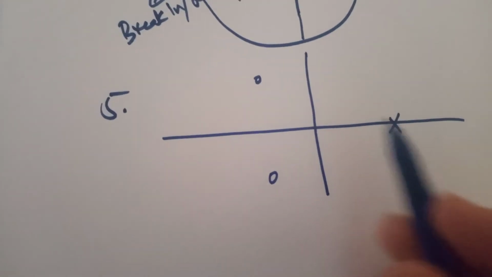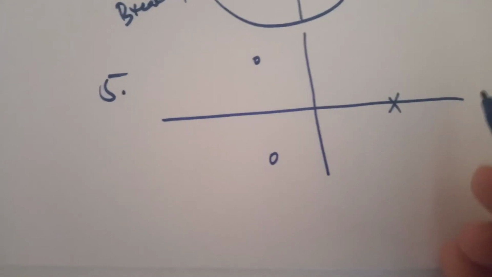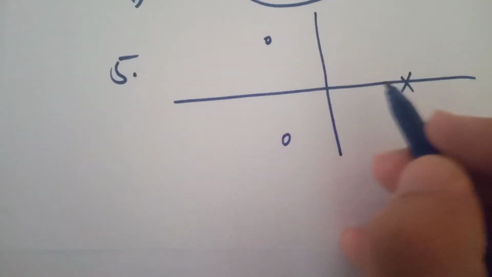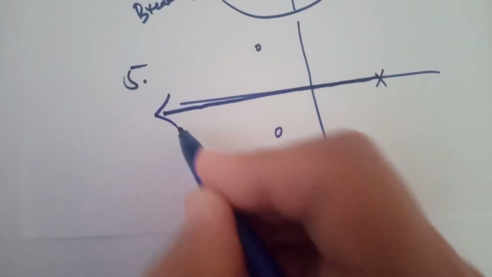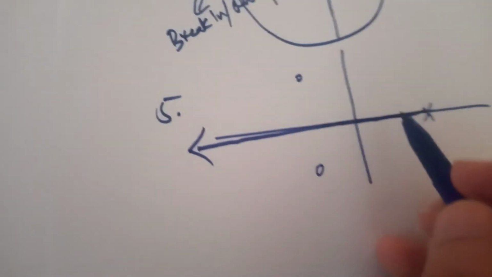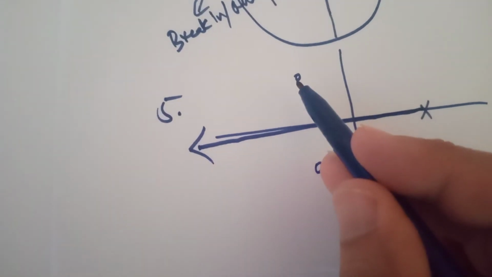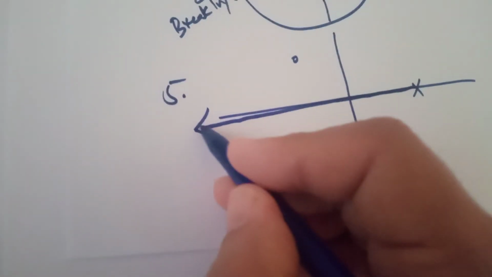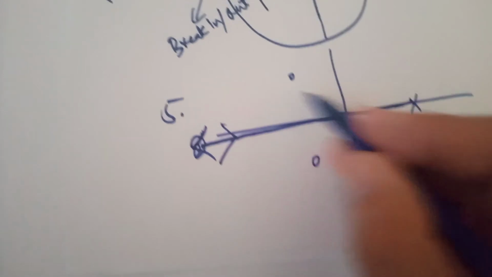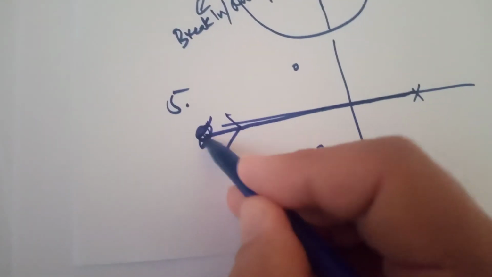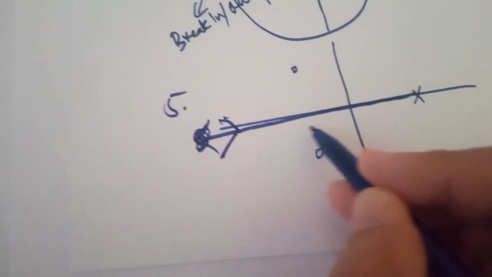And the last one, where we have two zeros and a pole, again we know that the number is different, one goes to infinity, so nothing here, and we know that it will start here and this goes to infinity in that direction. Because we know that one goes to this zero, the other is coming from the infinity, because one pole is missing, so it is not going in that direction, it is coming from the infinity.